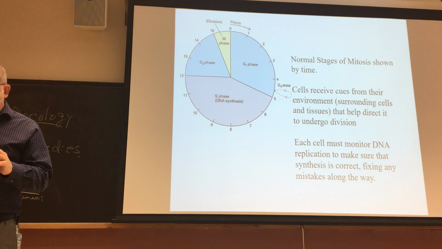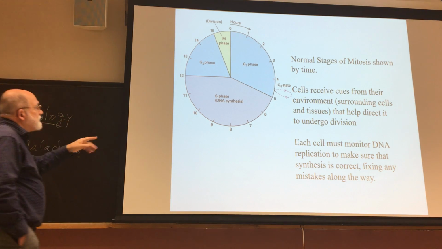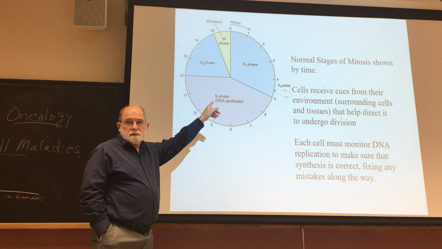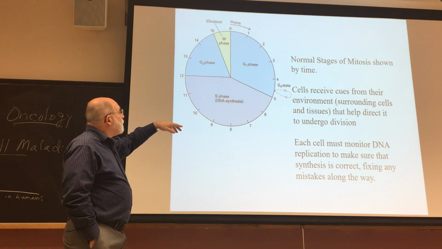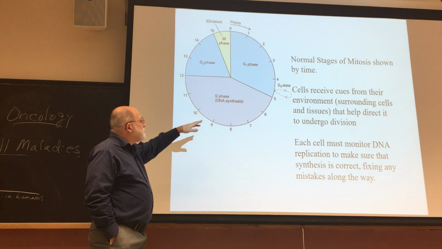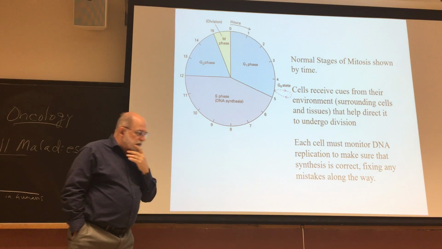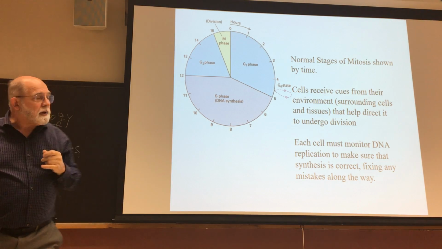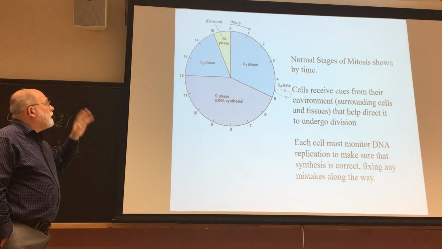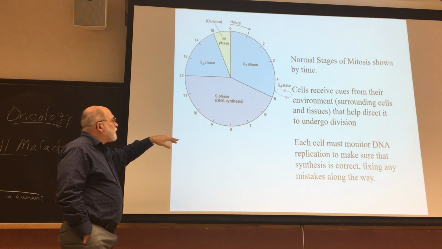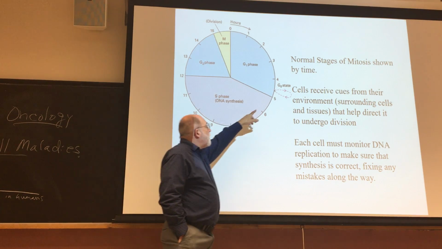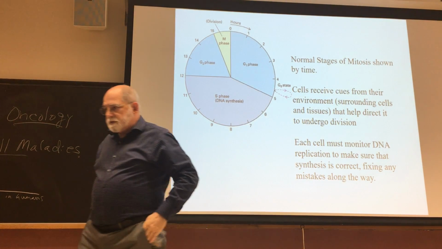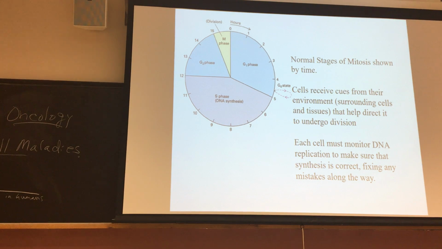Some bacteria can condense this down to 2 hours. So very, very rapid. If you get delays caused by insufficiencies of nutrients in the medium or conditions that are inappropriate, this may be delayed many, many hours and almost look like the G0 state. Yeast take an hour and a half.